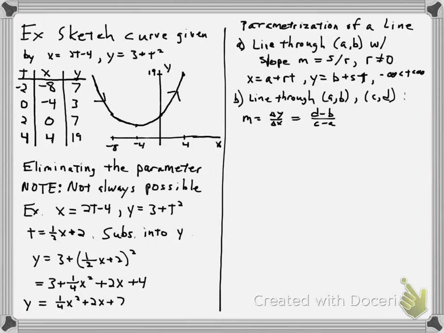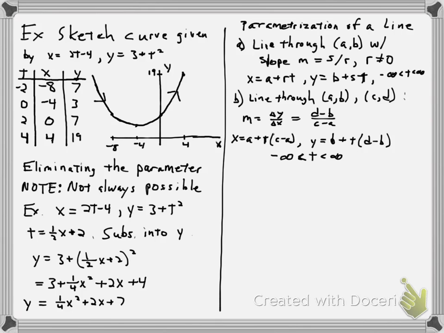So we can take the numerator as s and the denominator as r, and we can write our parametric equations this way: x equals a plus t times (c minus a), and y equals b plus t times (d minus b). And of course, we still have t ranging between minus infinity and infinity.